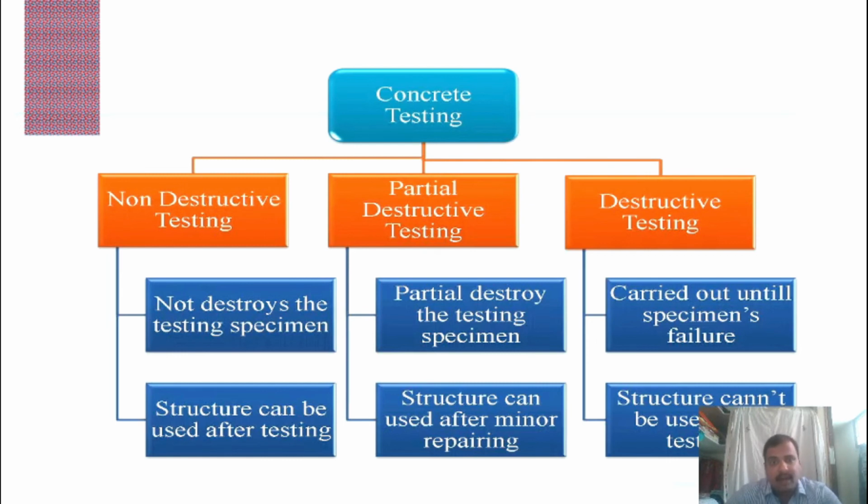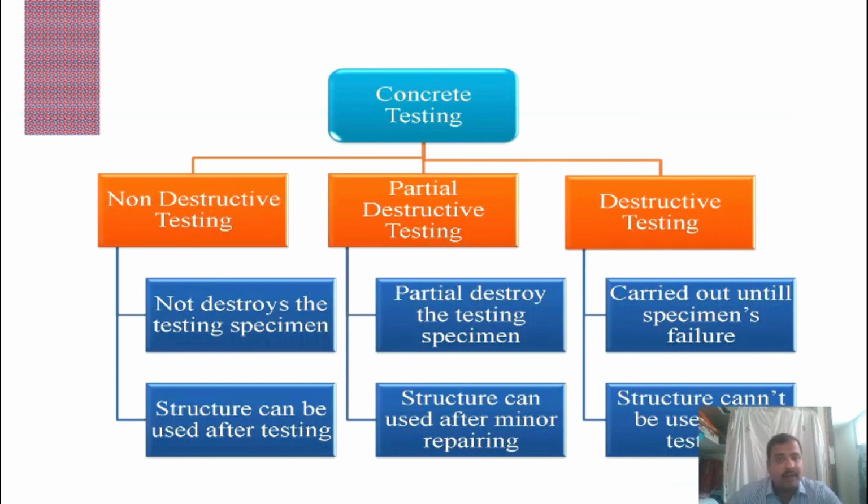In partially destructive testing, on our structure or testing specimen, let's say a column, we can take a core from it, or we can apply the pull-out test. In that case the structure is partially damaged, but we can still use our structure or specimen after minor repairing.